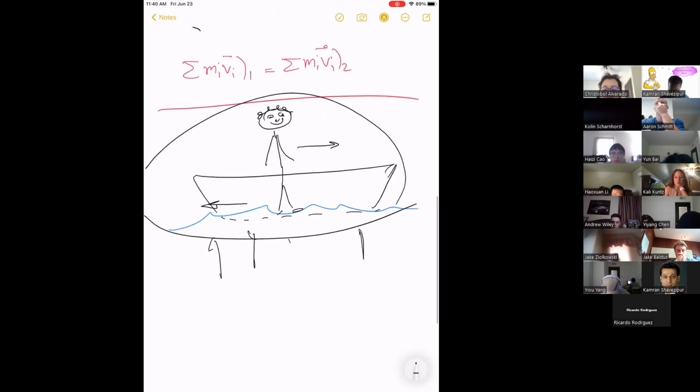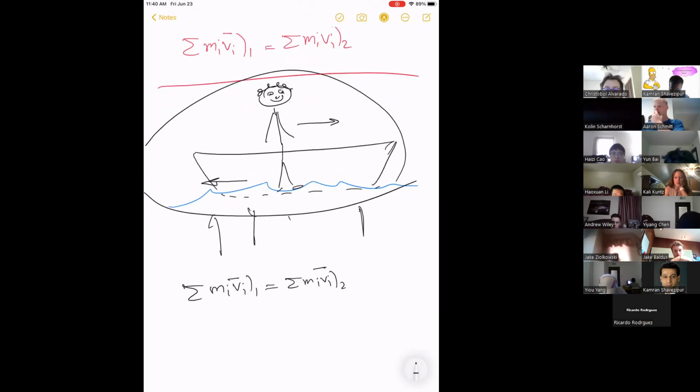Why? Because when you say the summation of m_i v_i1 equals the summation of m_i v_i2, let's call the boat m_B, and the guy m_G. So m_B v_B1 plus m_G v_G1 should be equal to m_B v_B2 plus m_G v_G2, right?